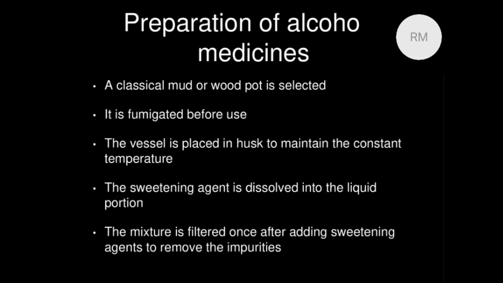So what we do is take this pot, fumigate it, then put it in a heap of husk, and then you pour the liquid portion. You take the liquid portion and pour it inside this wooden pot, this wine pot. After pouring it, you can take the sugar, the jaggery or the sugar candy, and then mix it well with this liquid portion.